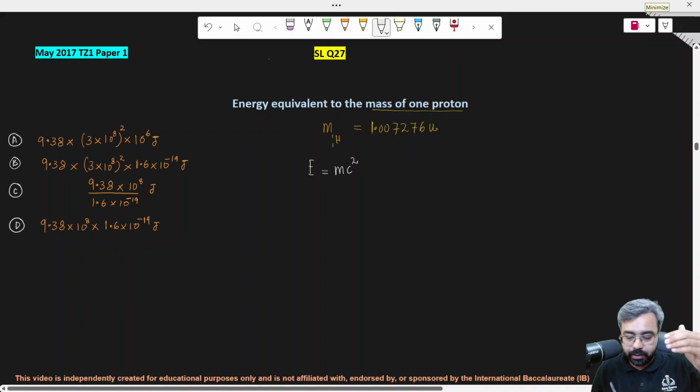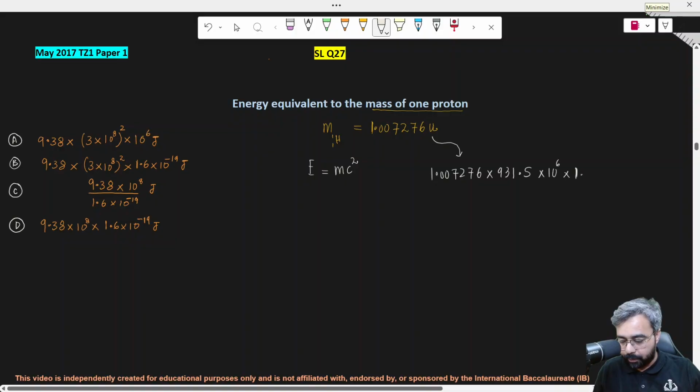This is the indirect process, but you can also convert it directly if you multiply this number with 931.5 mega electron volt, and 1 electron volt is 1.6 times 10 to the power negative 19 joules.